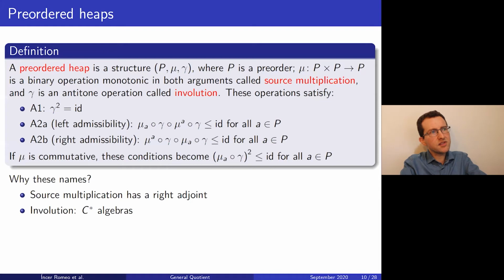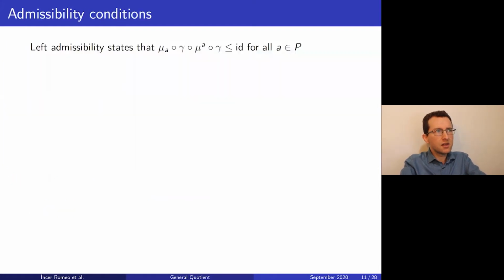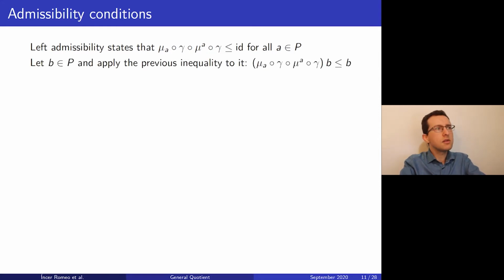This addresses the names. Let's focus on these admissibility conditions. Here we are just restating left admissibility: mu sub A composed with gamma composed with mu superscript A composed with gamma is less than or equal to the identity, for every A in P. Very good. Let's apply that expression to an object B of the preorder.